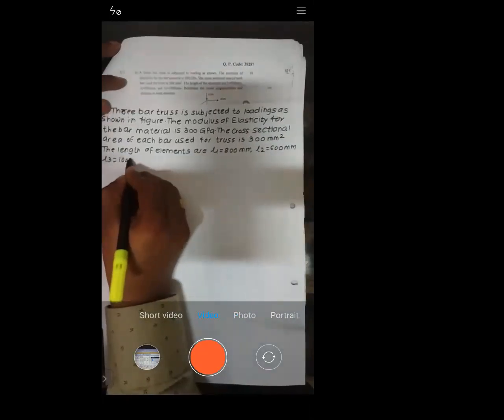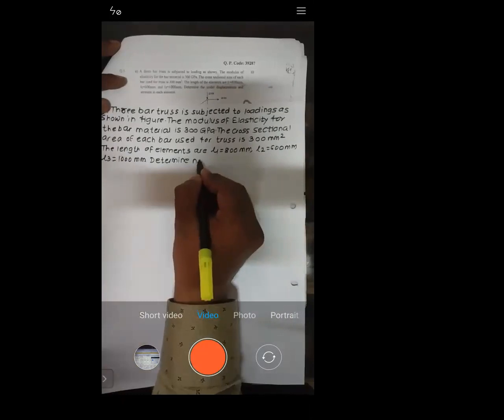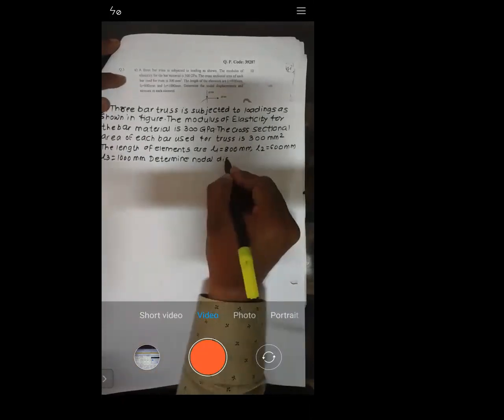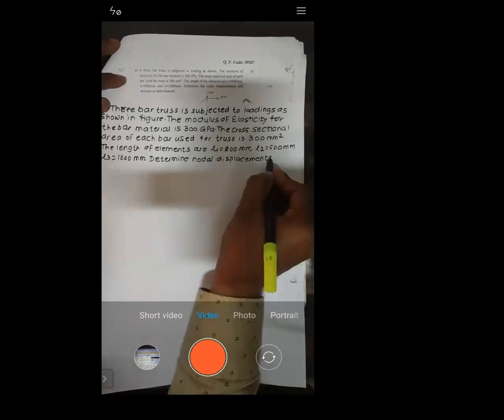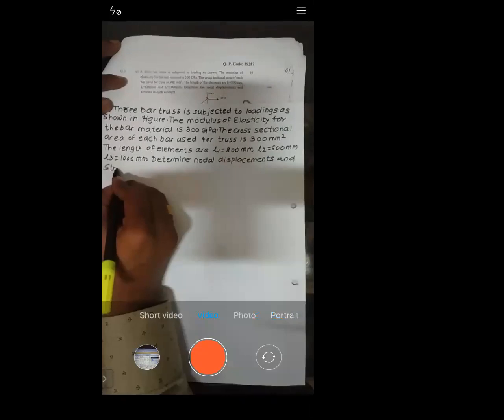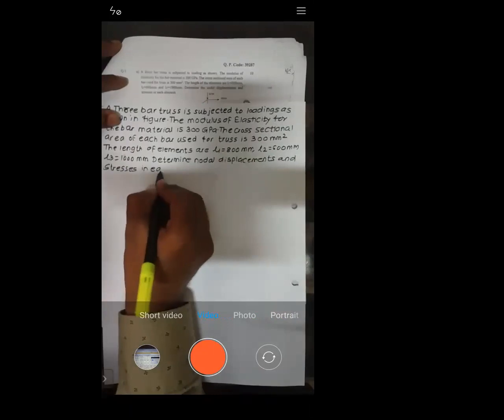They asked to determine nodal displacements and stresses in each element.